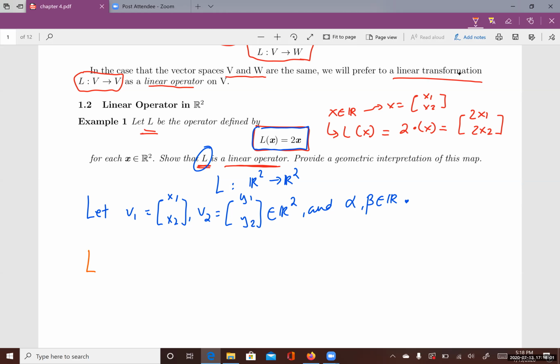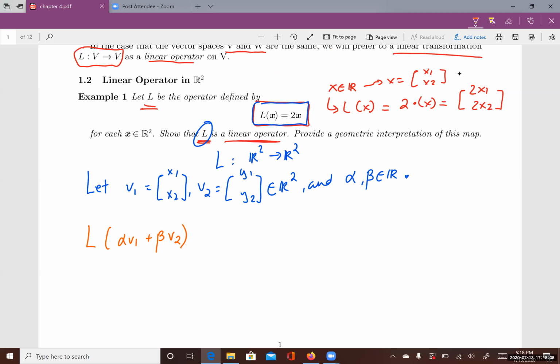So you have L of alpha v1 plus beta v2. Okay. So what is alpha v1 plus beta v2? Alpha v1 is alpha times x1, x2, plus beta times y1, y2. And you want to apply the map L onto this vector.